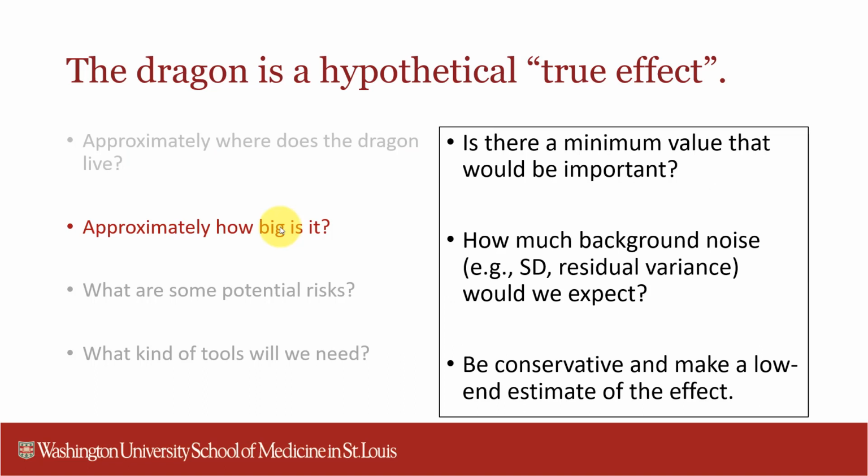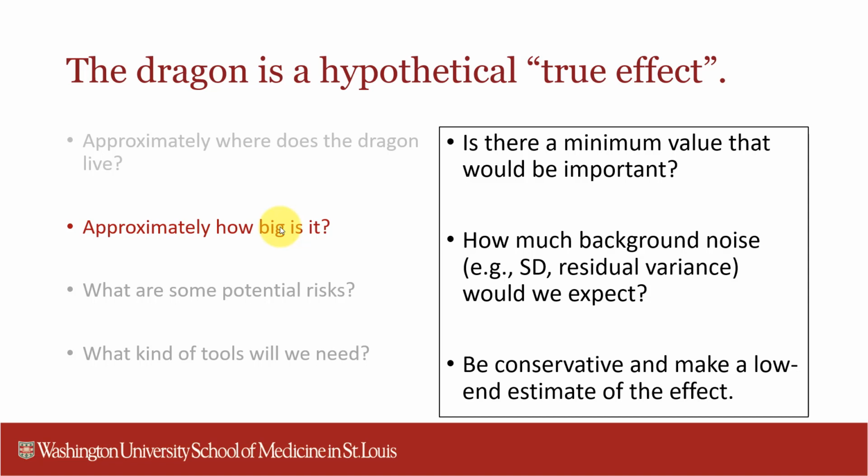Again, how big is that dragon? Well, is there a minimum clinically important value for what we're trying to study? If I'm trying to study whether something is going to have a meaningful change for a person's readmission to hospital, right? Maybe any amount of readmission is worth knowing about.